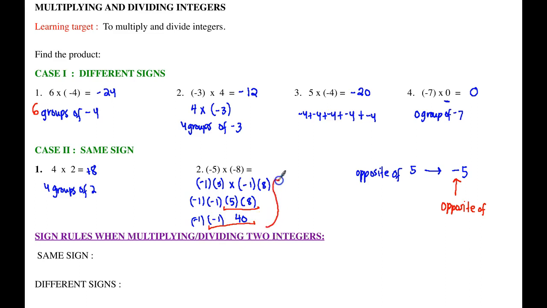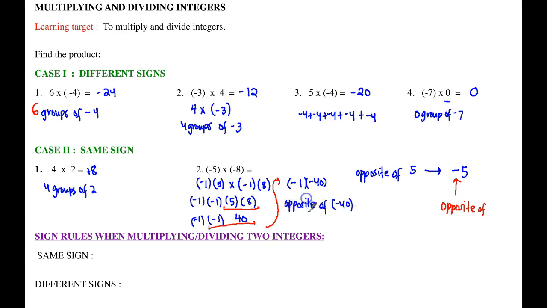So I'll continue over here. Negative 1 times 40, that would be negative 40. And then I still have the negative 1 here. But remember that negative 1 is the same as just a negative like this. So negative 1 times negative 40, I'm actually figuring out the opposite of negative 40.